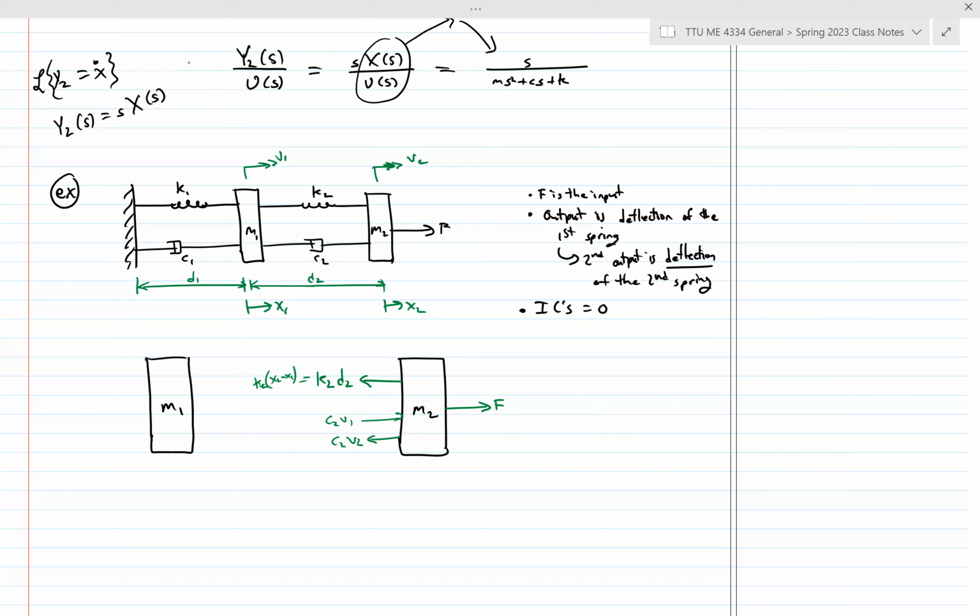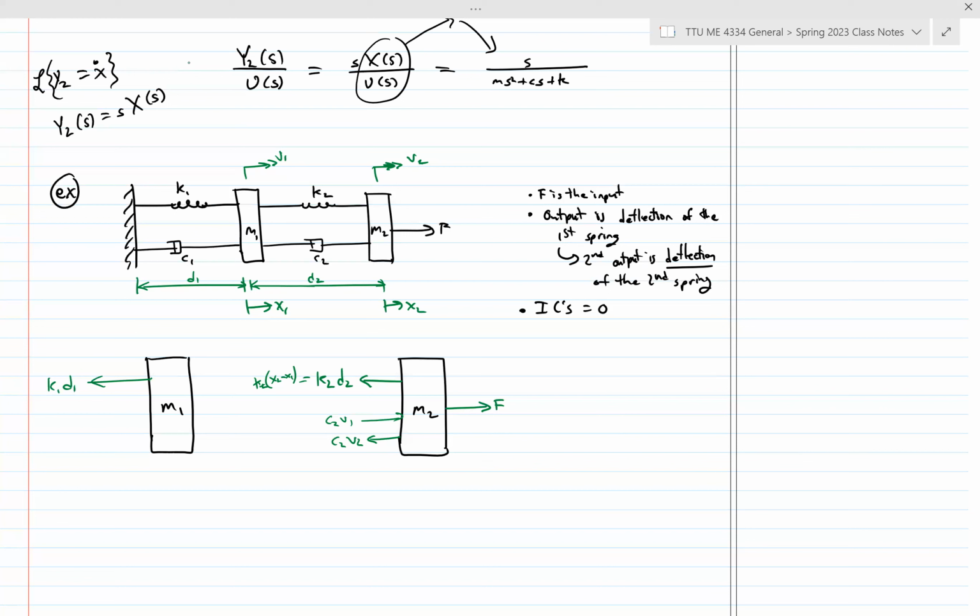So K1 is connected to a wall here, so we've got to factor that in, but let's start by working on this first mass, our free body diagram. What forces? Give me one. K1, and what direction is this pointing? K1 times D1 or K1 times X1, because that other wall is never going to move.